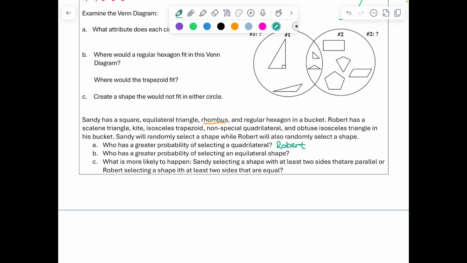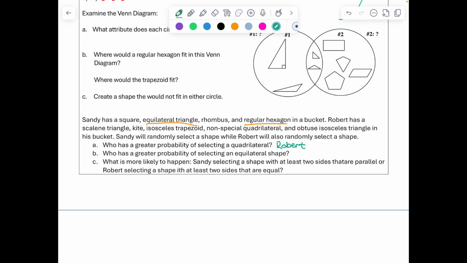Who has a greater probability of selecting an equilateral shape? Let's see how many Sandy has. Sandy has equilateral triangle. Now, regular is another word for equilateral. Regular just means that all the sides are the same length. So we can count that as an equilateral.